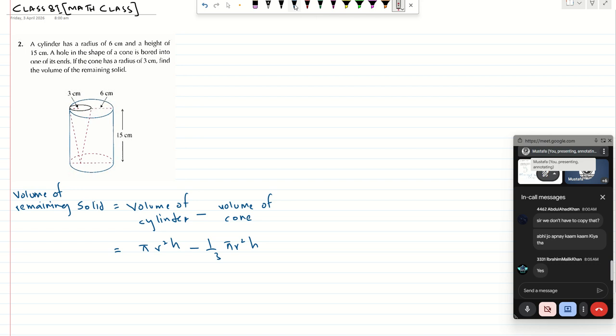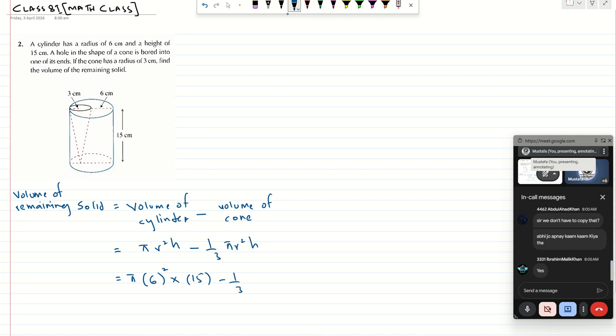So look, over here this is going to be pi, in place of r you will input 6 square, and in place of h you are going to input 15. 15 is the height of the cylinder.